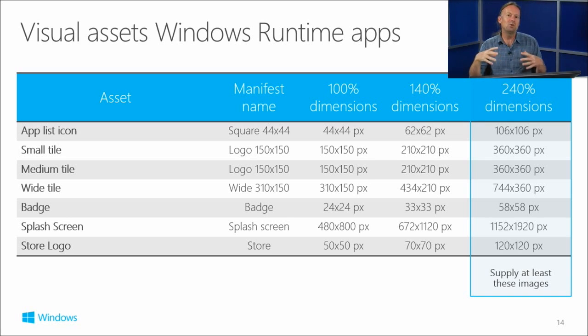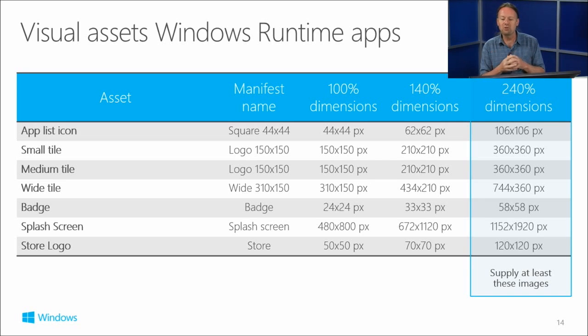So if you're supplying scale 240 dimensions, which are the biggest images, and the app is running on a lower resolution phone, then the system will automatically scale those down for you. So you're going to get really good quality images on all different screen resolutions.